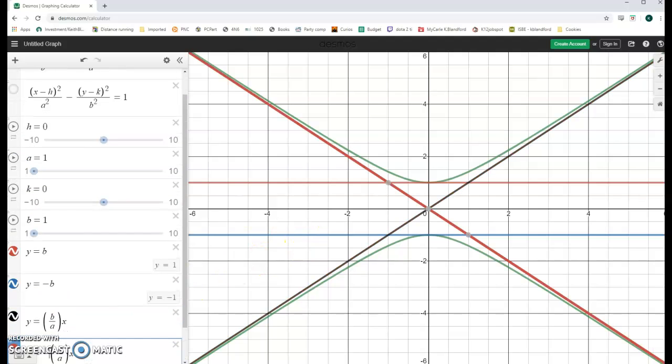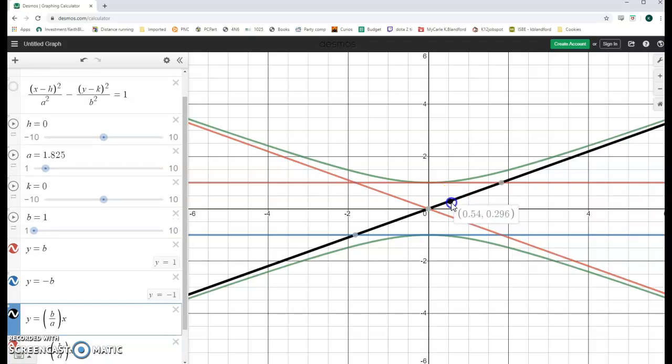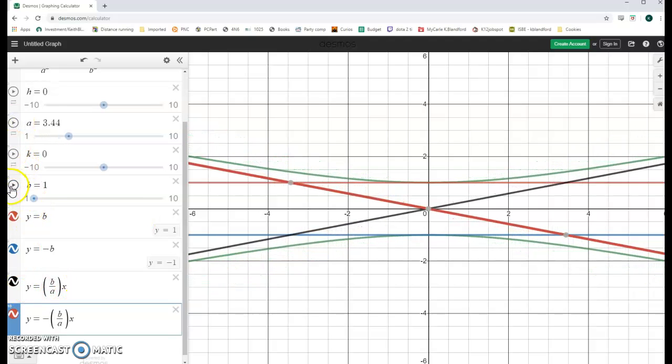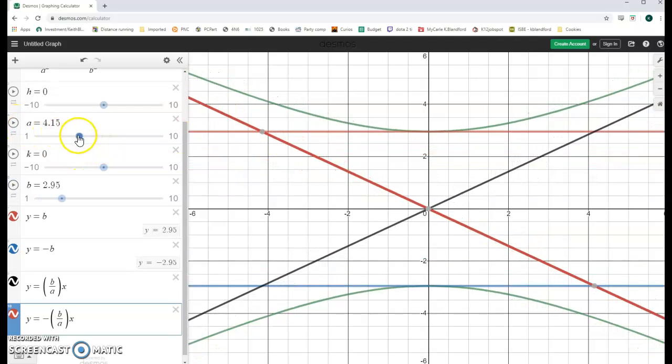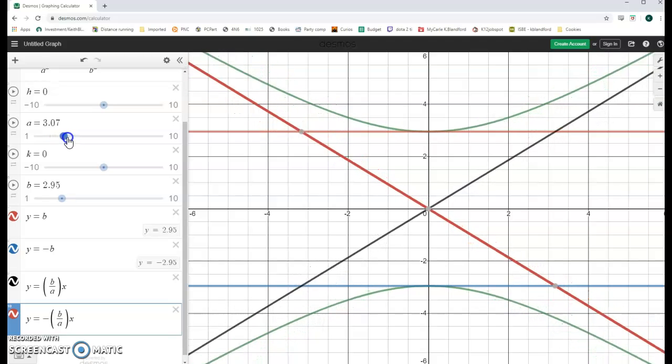And so when I change A, you'll notice my values here on my nice little red line and my nice little black line. The whole defining key feature about a hyperbola, or any hyperbola I should say rather, is that it's defined by these lines. It's never going to hit this line. So as I make A a bigger number, and I make b a different number, all that it does is widen and flatten the box.